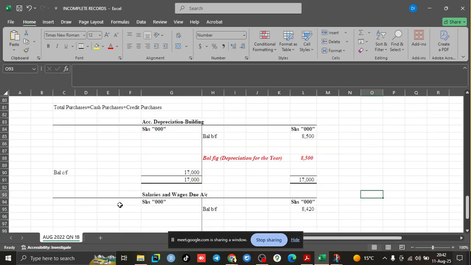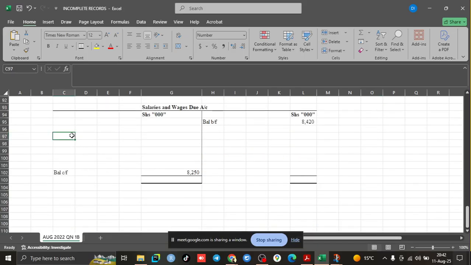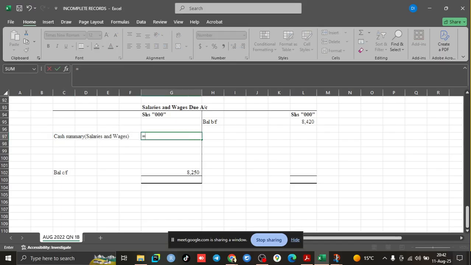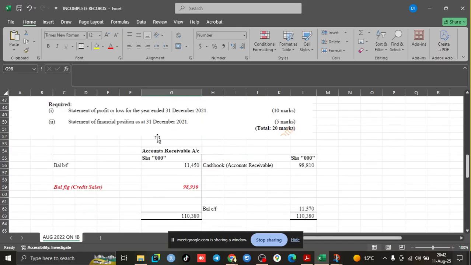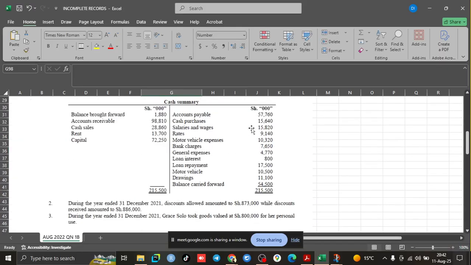Hapa kwa cash summary, salaries and wages ikuje on the debit. Ndio sasa whatever we get as our balancing figure ikuwe our income statement expense. Balancing figure itapelekwa kwa income statement. So this is 15,820.